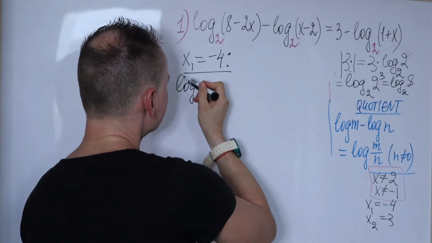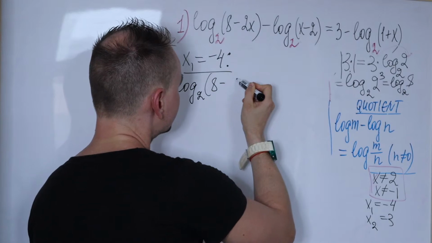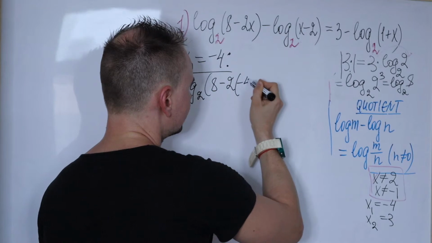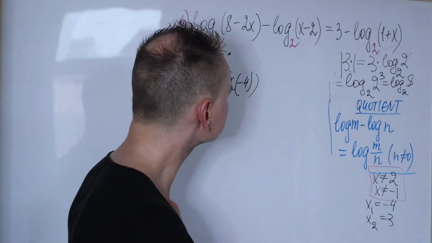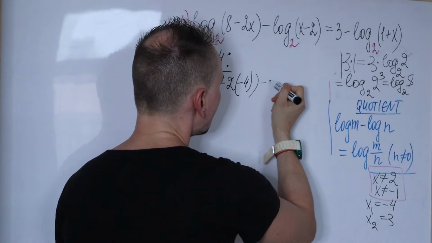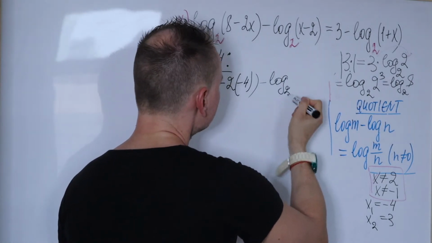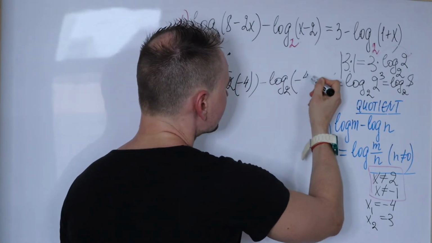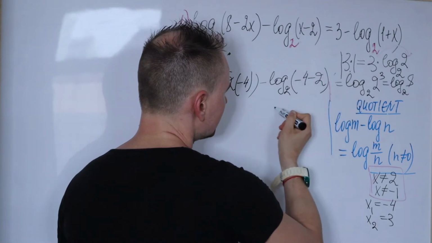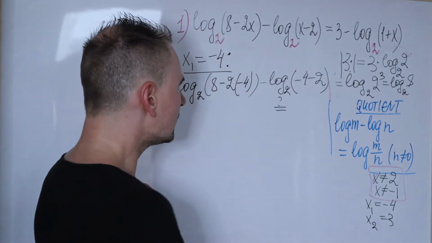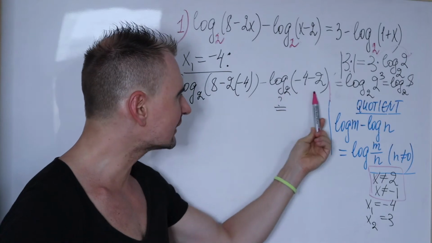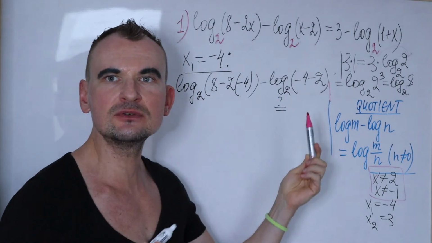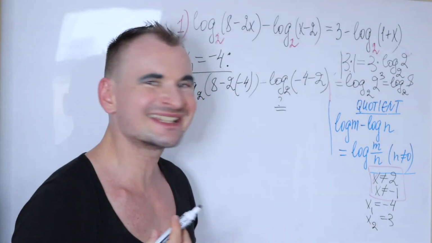So it becomes 8 minus 2 times negative 4, minus log 2, so minus 4 minus 2 equals, well, you could notice that the second log, look at this, minus 4 and minus 2, that gives you instantly negative 6.